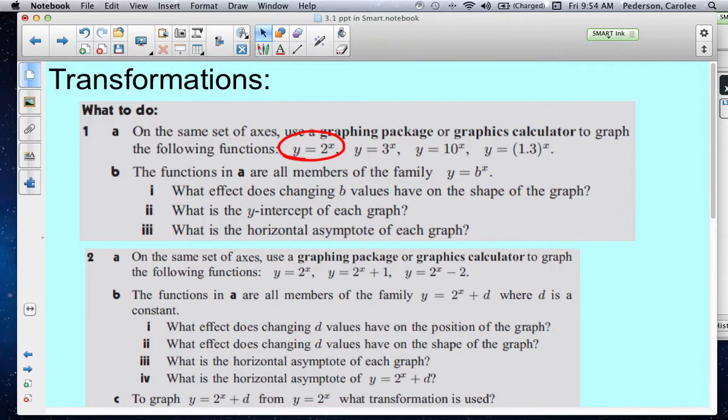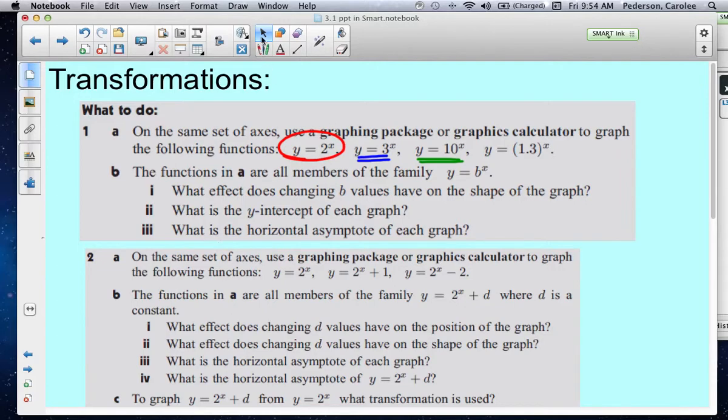Then on the same graph, we're going to graph what happens when we change the base. So we'll do y equals 3 to the x, and then y equals 10 to the x. I'll help guide you through on my calculator too.